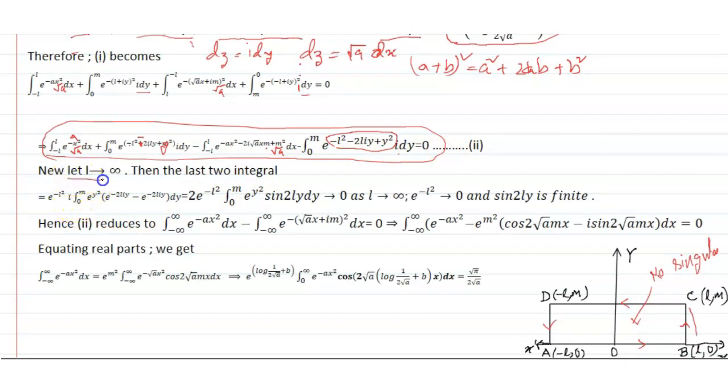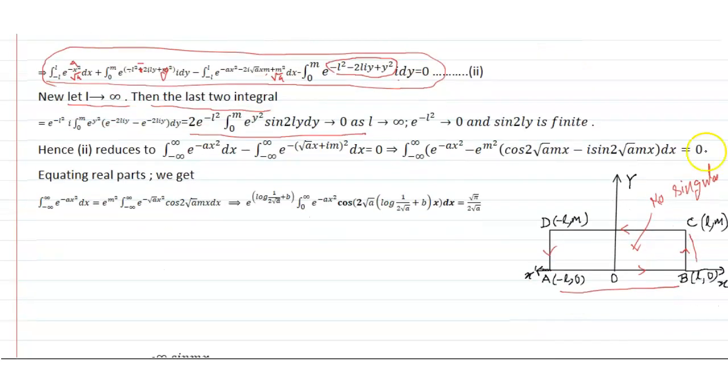And now you will see that as L tends to infinity, the last two integrals, e to the power minus L square i into integral from 0 to m of e to the power y square e to the power minus 2Ly dy, tend to 0, and sine 2Ly is finite, and i reduces this because of this point.